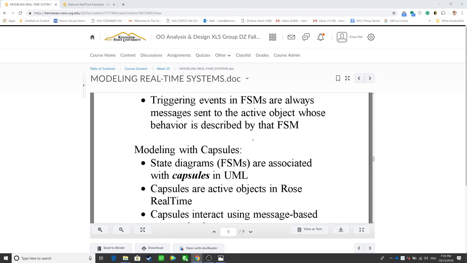Capsules and relations can also have inheritance, aggregation, association, this kind of thing. Capsules also have attributes and operations. What's special about a capsule is that it also defines the port, for sending messages in between.